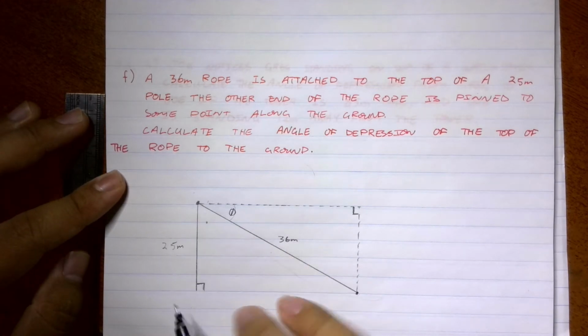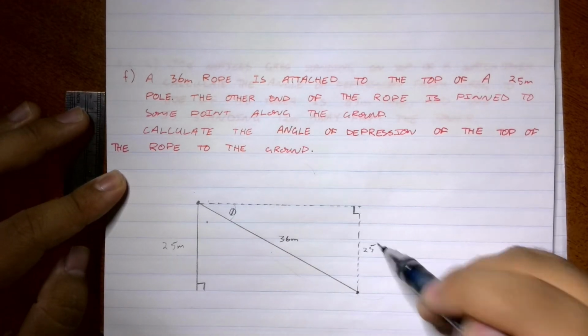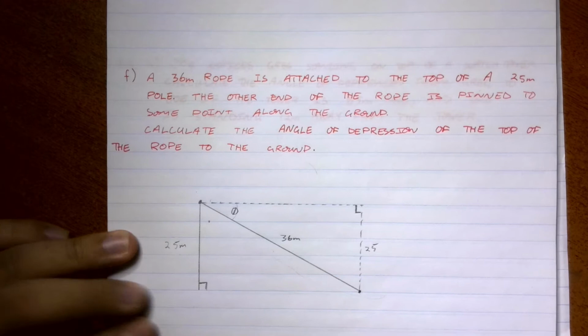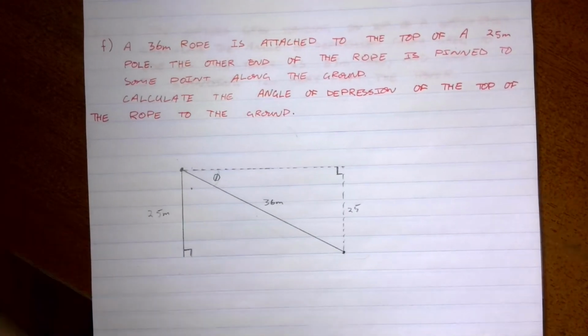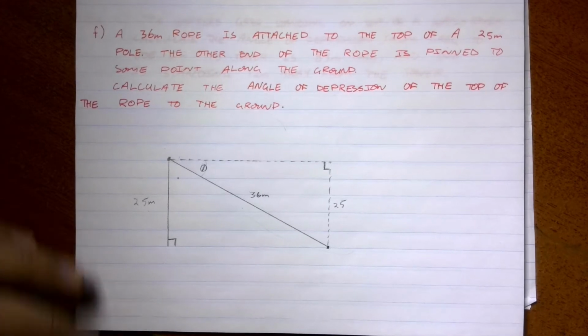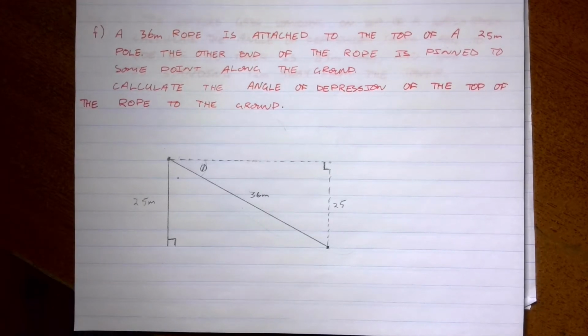Since this is 25, this must also be 25. I invite you to answer this in whichever way you'd like, because they must come to the same final answer. I'm going to be answering this in 3, 2, 1.